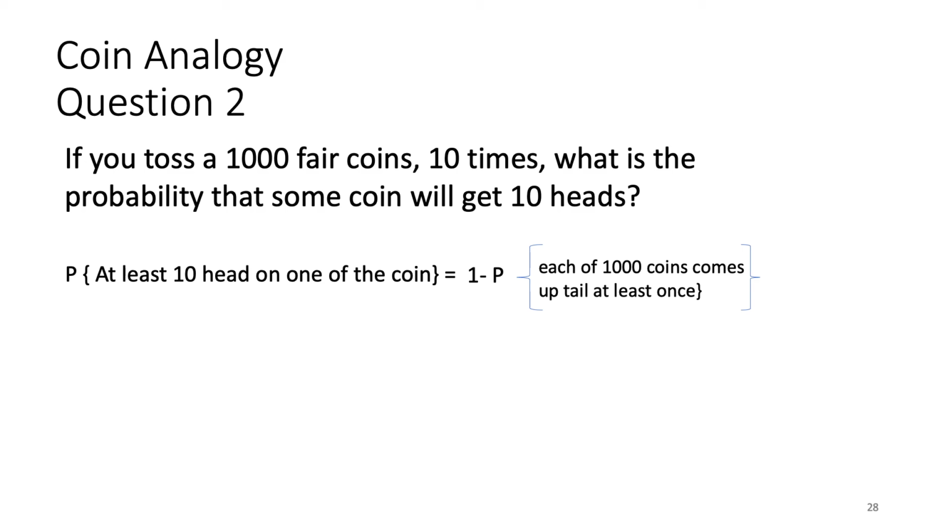And just like your colleague said, it's going to be 1 minus 1 over 2 to the power of 10, but we have this for 1,000 coins.